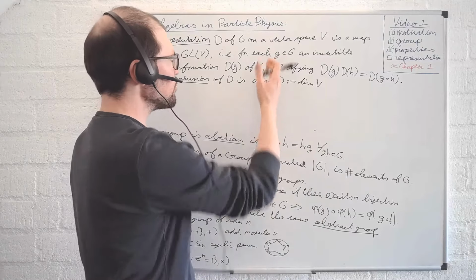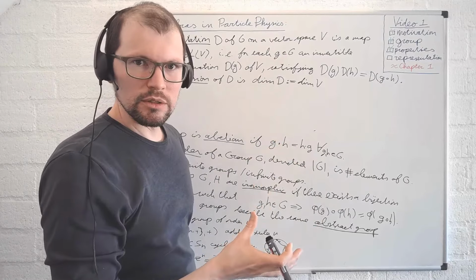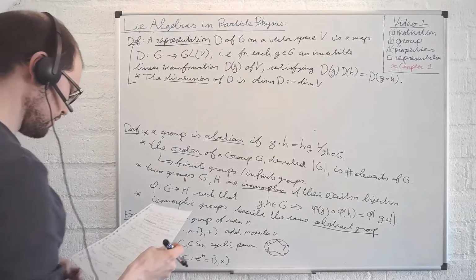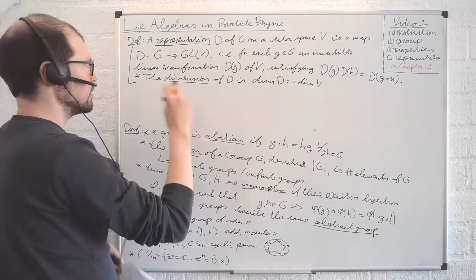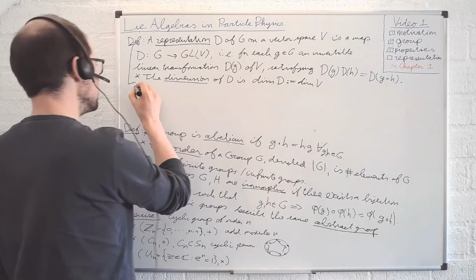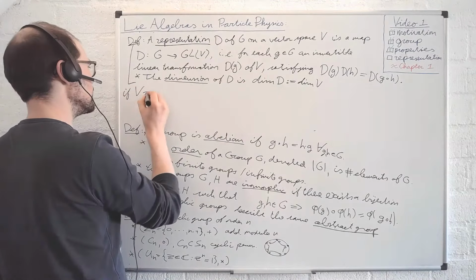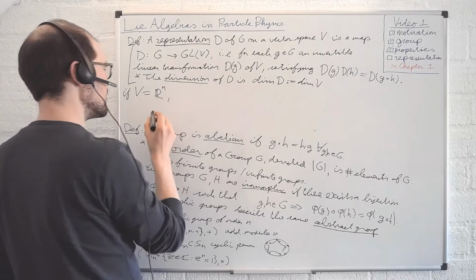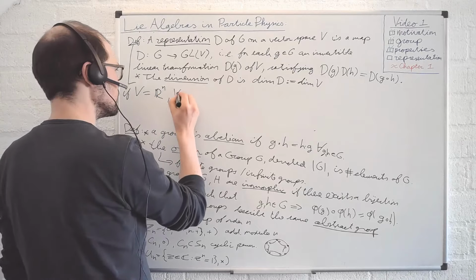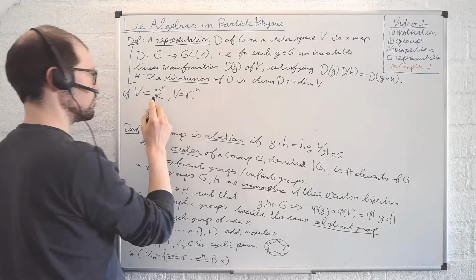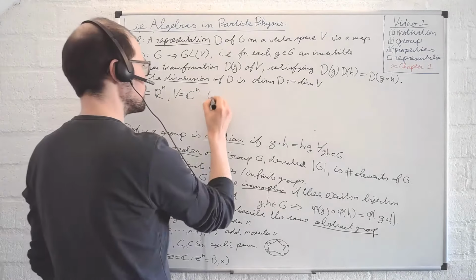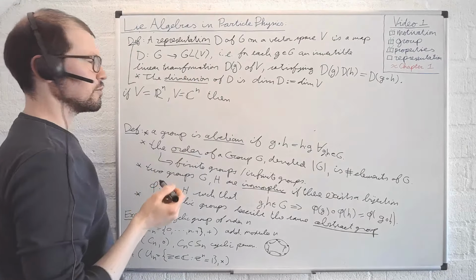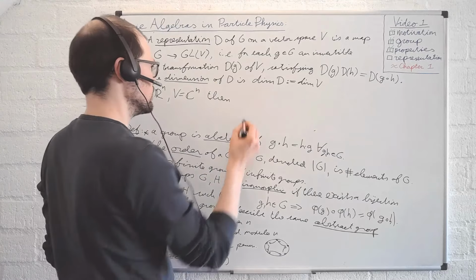So every group element describes a transformation of our linear physical system. Typically, if V has n dimensions and we've chosen explicit bases, they can either be real or complex, then of course these general linear transformations are just matrices.